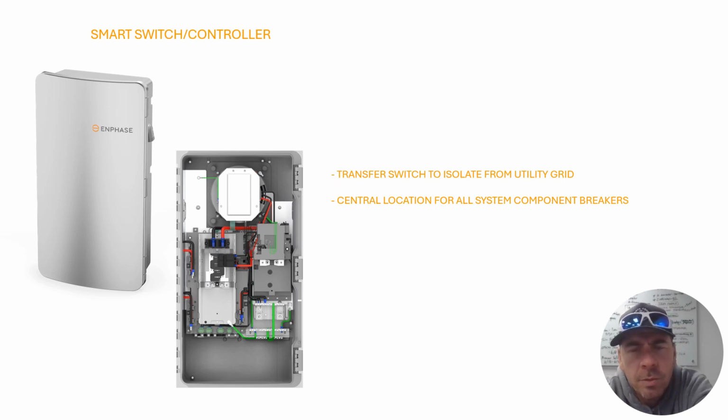So the smart controller switch or gateway is basically where we have the main transfer switch or interrupting relay circuit that isolates the system from the grid in the case of a power outage.